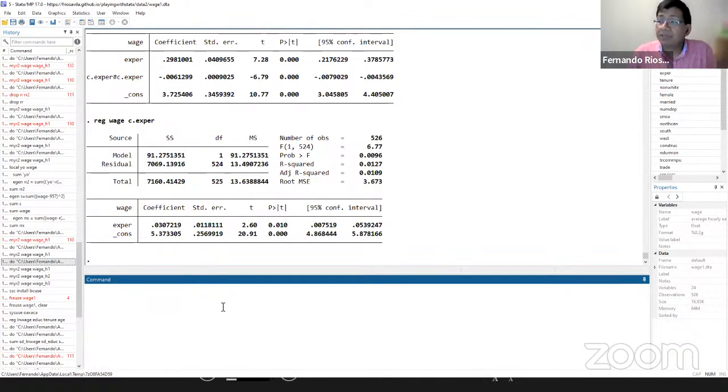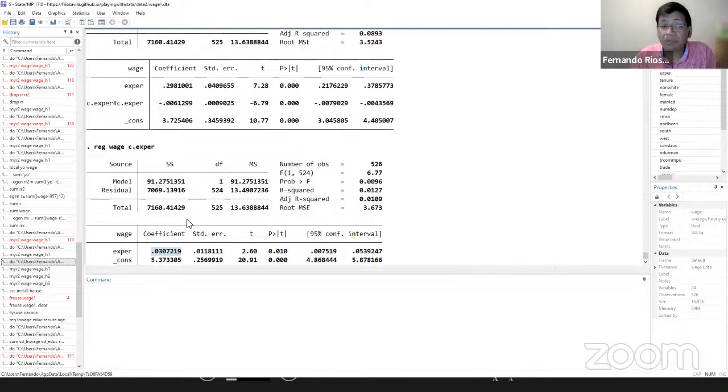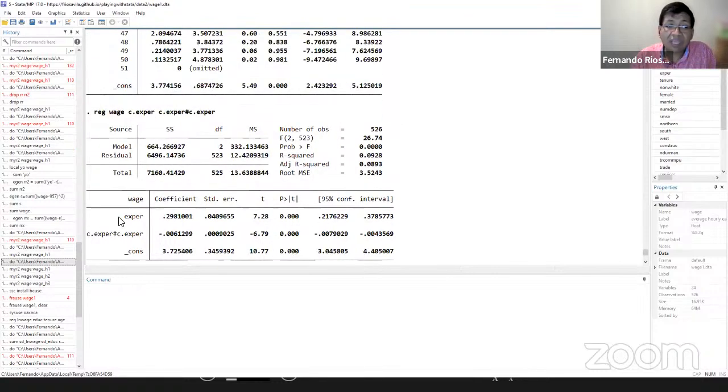So now that I estimate this model, and let me compare it with the previous one, how would you interpret the coefficients? In the first case, I was saying each additional year of experience increases your wages by about 3 cents per hour. Can you say the same with this model? The answer is no, you can't.